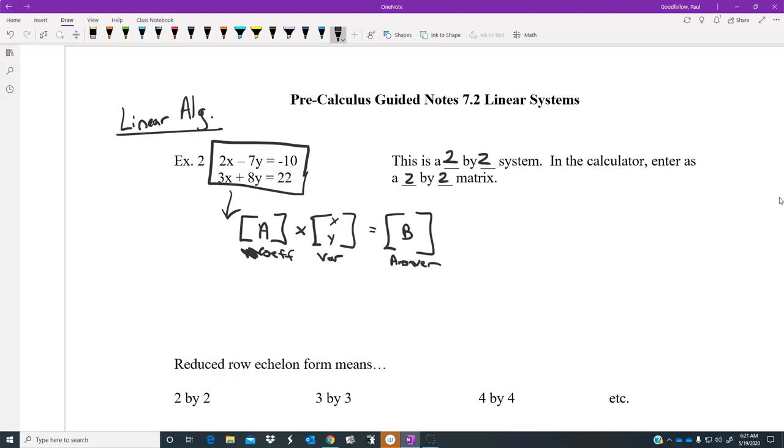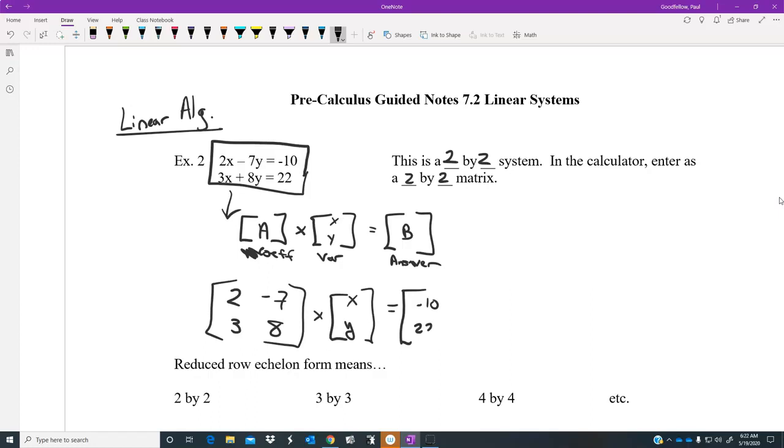That would be 2 and -7 and 3 and 8 as the coefficient matrix, multiplied by the variable matrix of x's and y's, and then the answer matrix of -10 and 22.